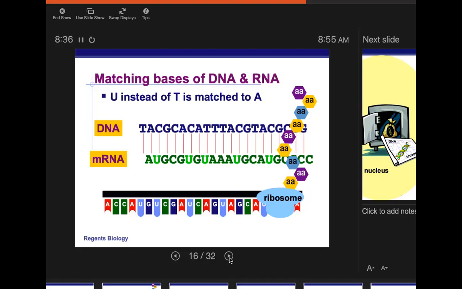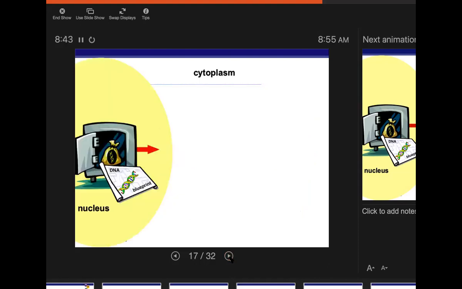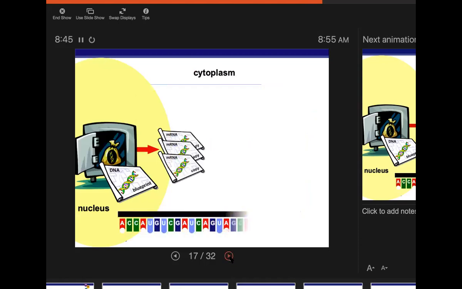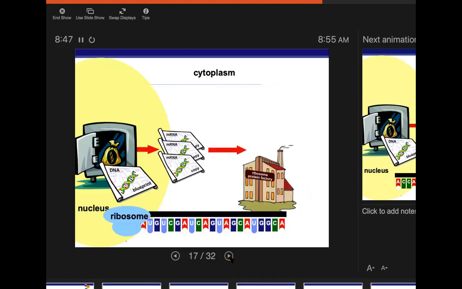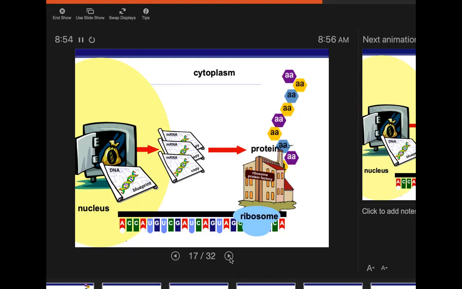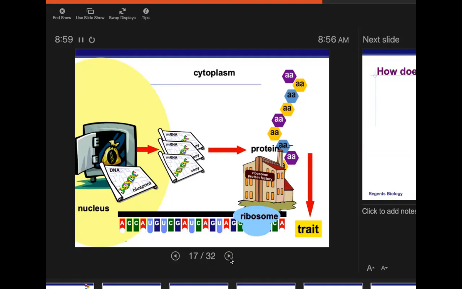So, now that we have created the mRNA, it can leave the nucleus and go to the ribosome. Remember that was our problem yesterday: the DNA can't leave the nucleus. And proteins are made in the cytoplasm, not in the nucleus.